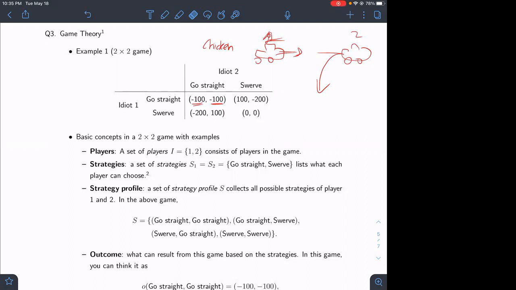Then idiot 1 is the brave guy. He gets all the honors, if there are any, and his utility will be 100. Idiot 2, being a coward, got really high mental damage. His utility will be minus 200. So this is how this example works.